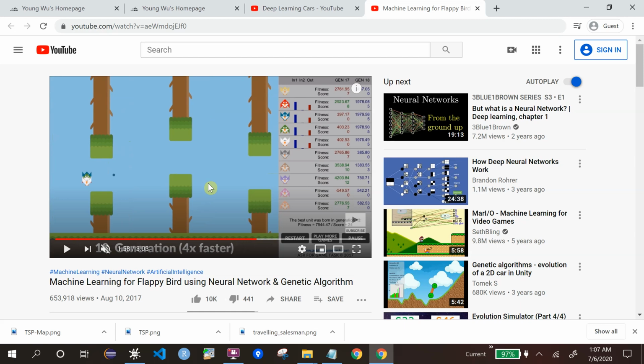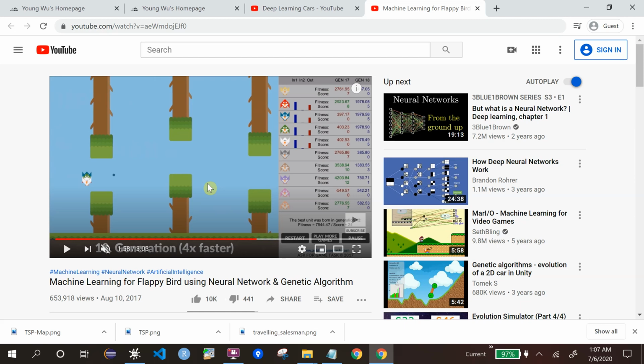So each bird is represented by one neural network, and the fitness is basically how far they go. And the way we train these neural networks is that we use crossover and we use mutation.